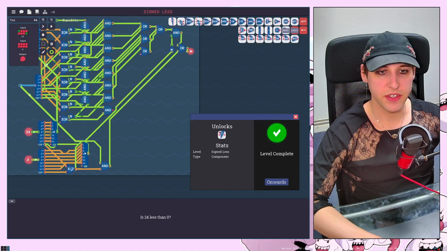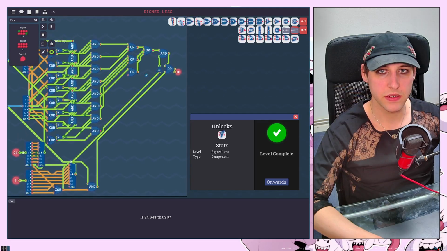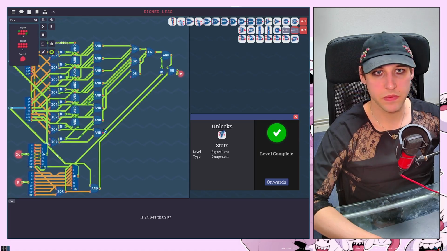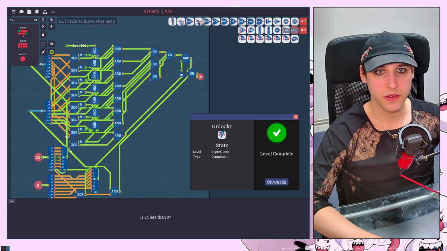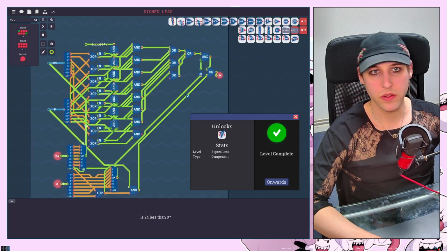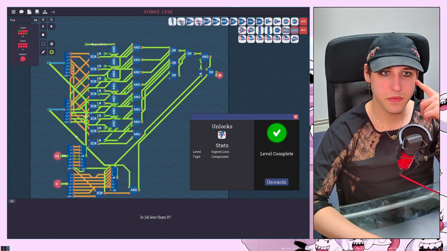Okay, so if there's no difference, then thanks to this NOT, we would open up this AND gate for this circuit to determine which number is lower. So in case of negative numbers, let's go like this.